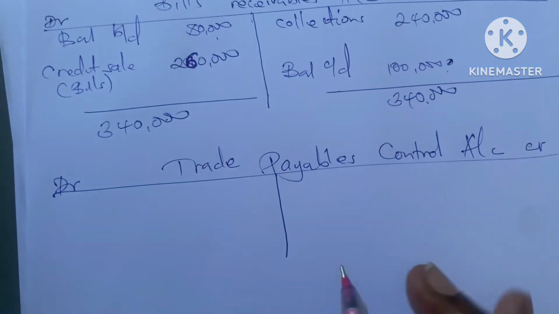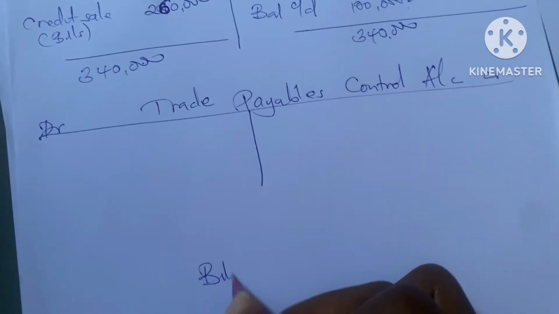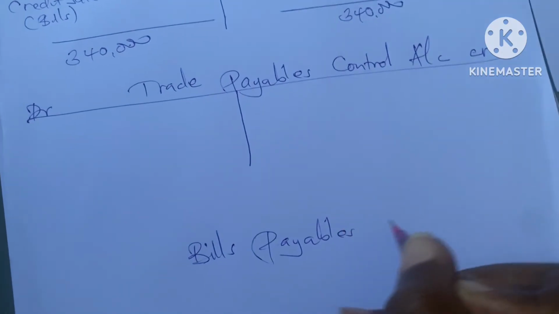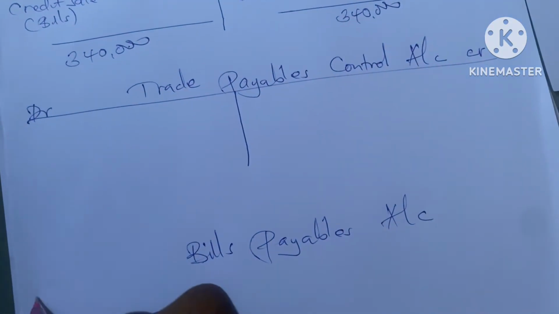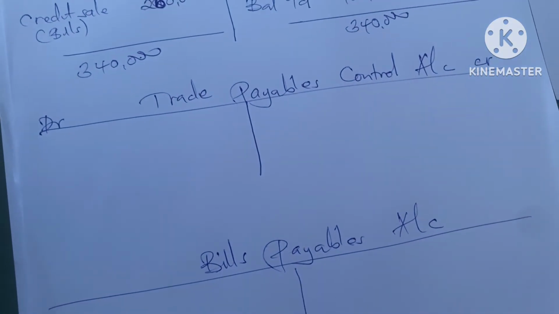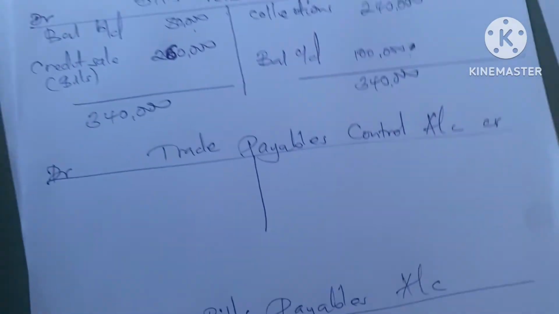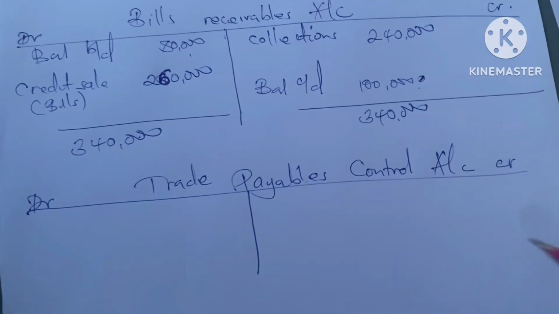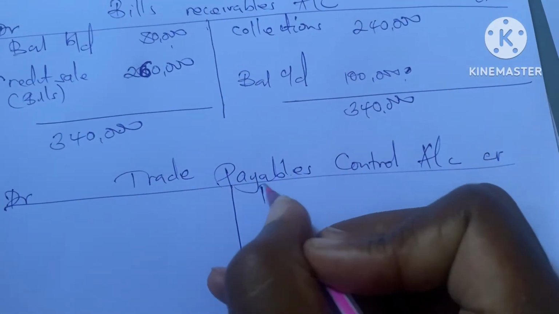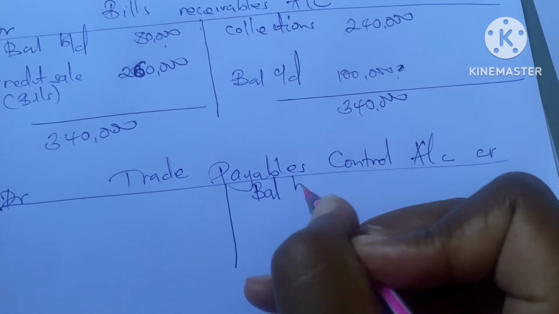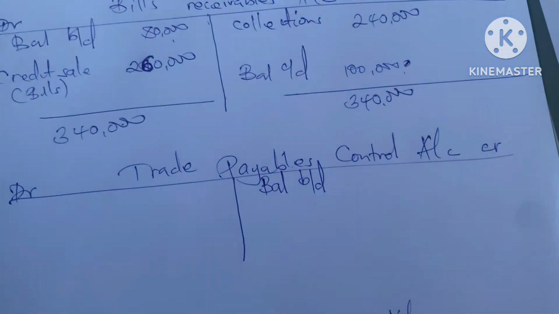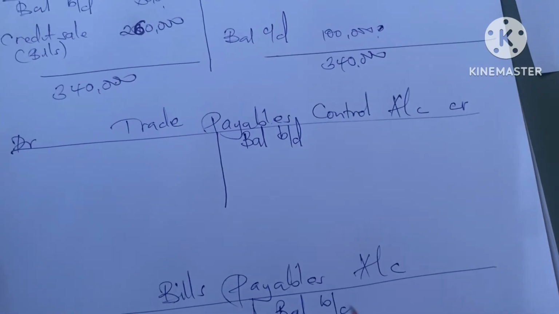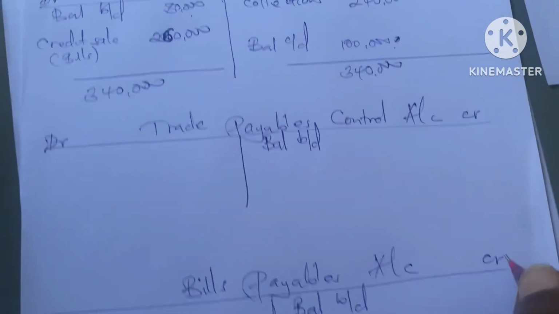Then we also have those in terms of bills, so we shall have the bills payables account. The payables are liabilities, meaning they have a normal credit balance. So the opening balance will be on the credit side. So balance brought down will be on the credit side.